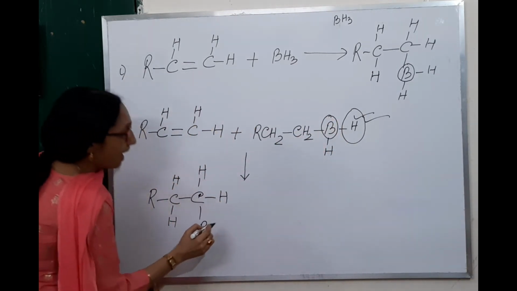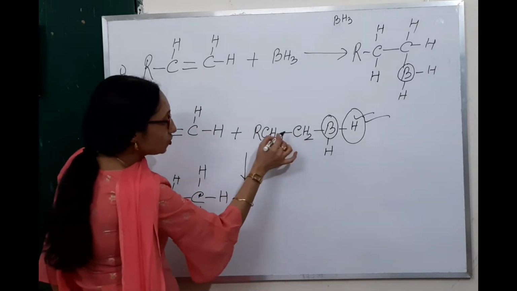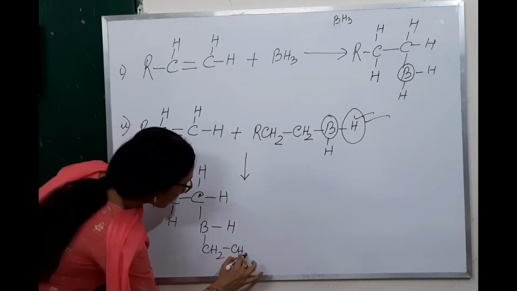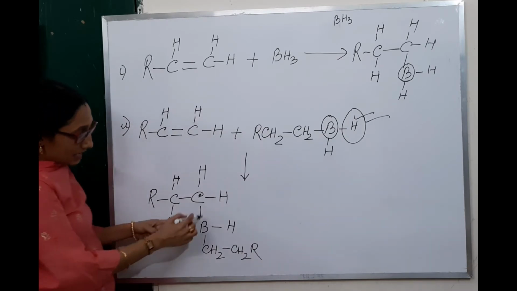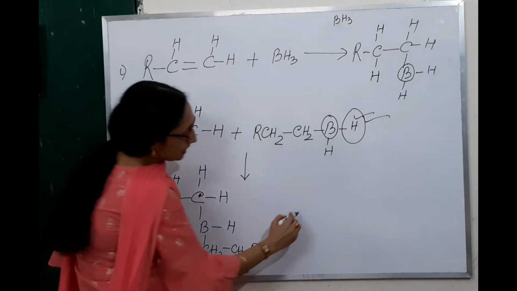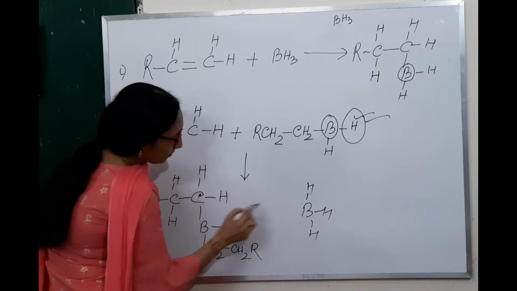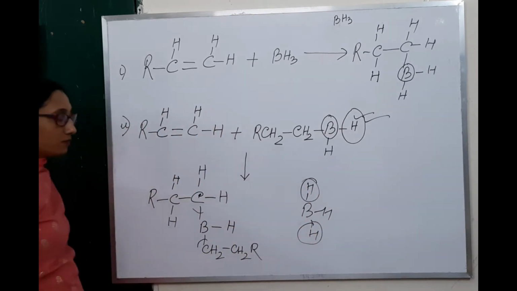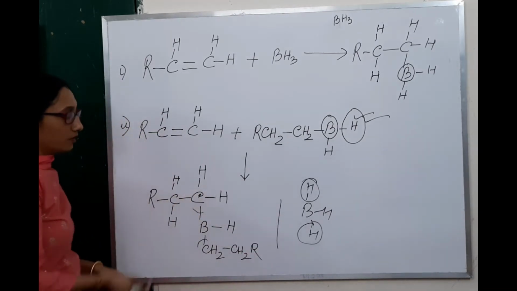So B, and this is connected to H and CH2CH2R group. Now this is known as dialkyl boron. See, this is BH3. So here 2H are replaced by 2 alkyl groups. So this is dialkyl boron. Write this one.